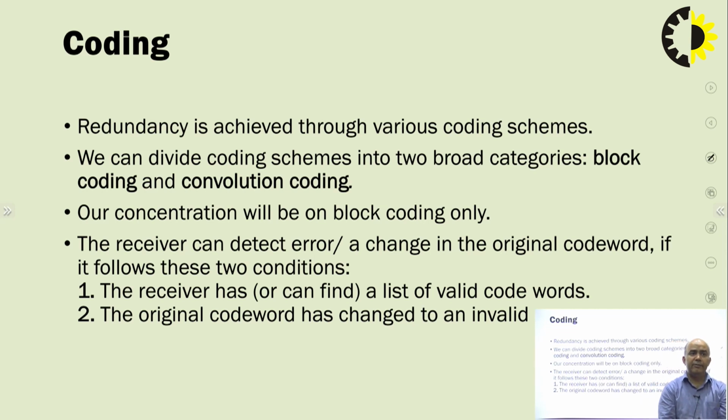A receiver can detect an error or change in the original code word if two conditions hold. First, the receiver has a list of valid code words, and second, the original code words have been changed to invalid ones.